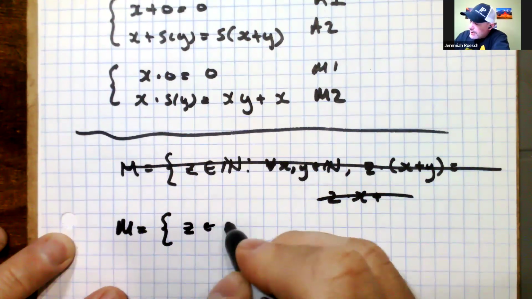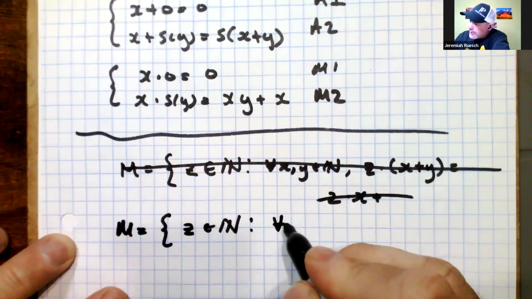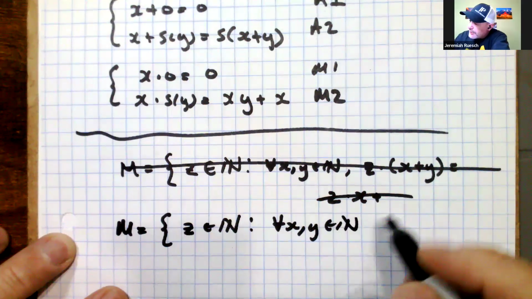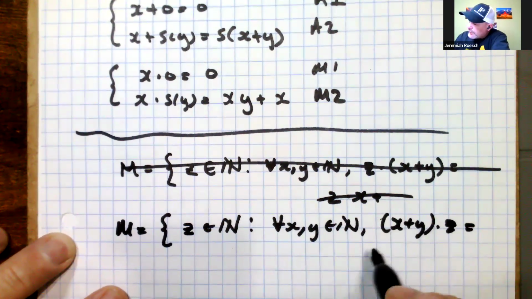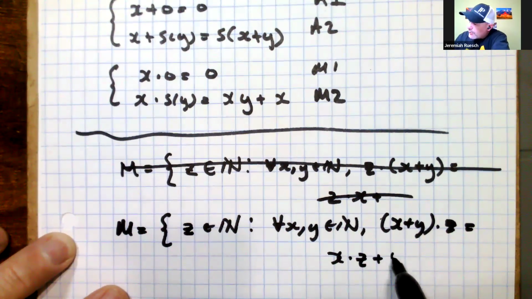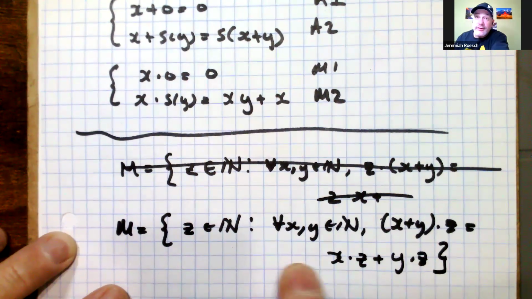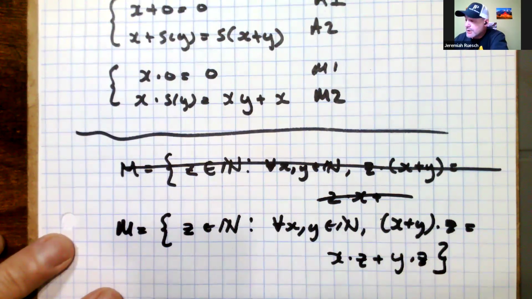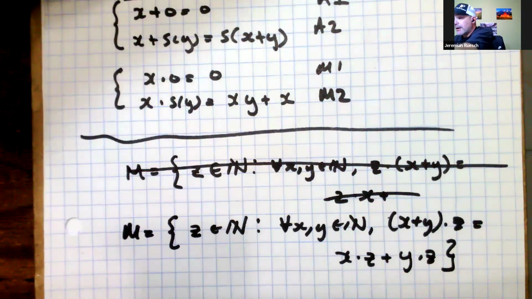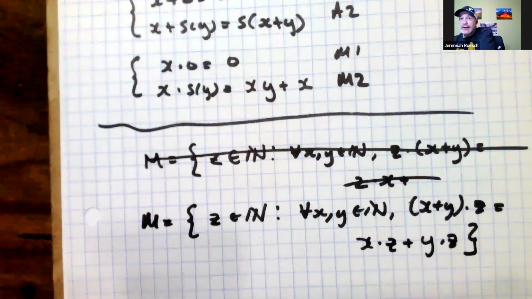So for all z in the natural numbers, I'm going to take the set of all x and y in the natural numbers such that (x plus y) times z is equal to x times z plus y times z. This is my set M, and using Peano's axiom number 5, the method of mathematical induction, I will show that if I can show the successor of z is in M, then M is equal to the entire set of natural numbers. I'm doing induction on the variable z, so it's true for all natural numbers at that point.